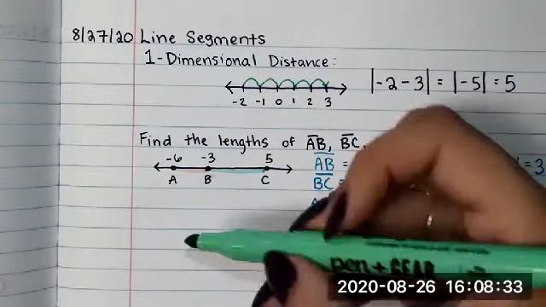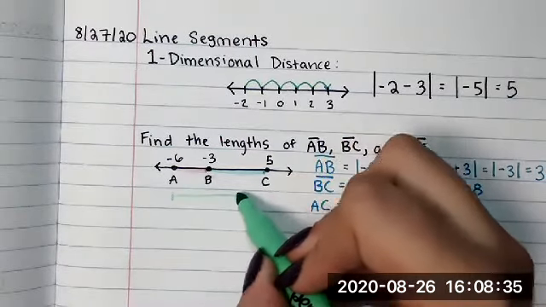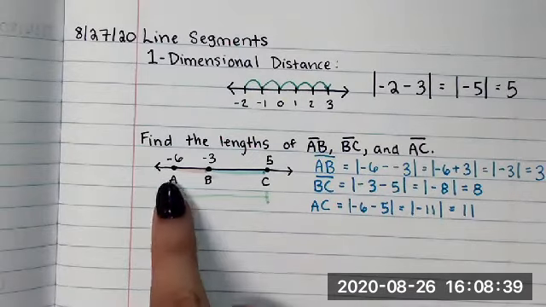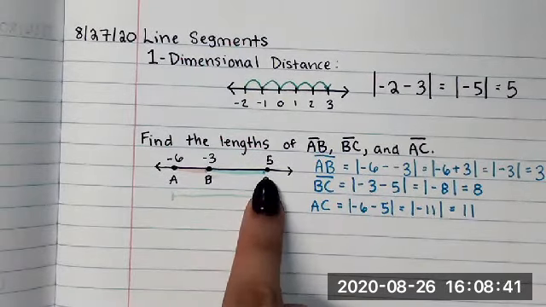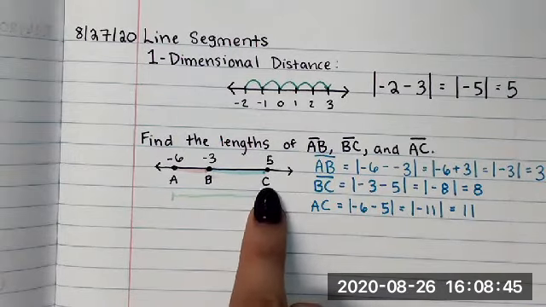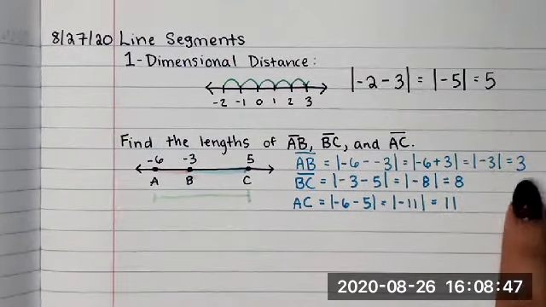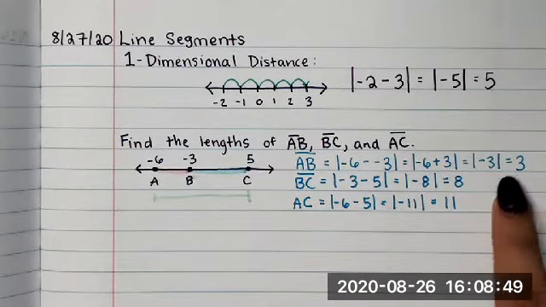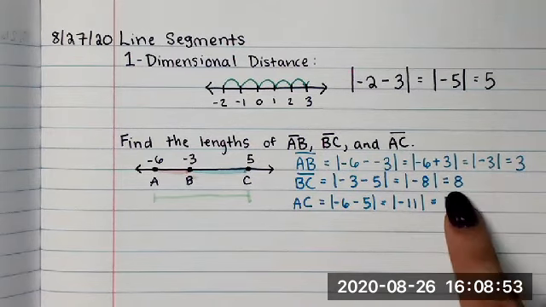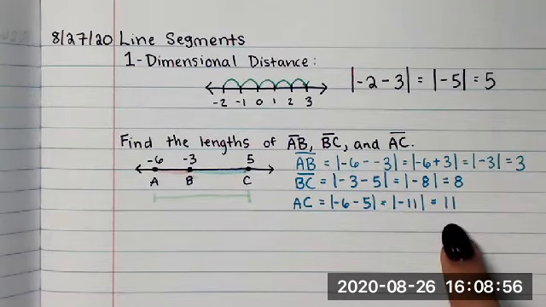And then from A to C would be this whole length. Well, if I'm putting AB and BC right next to each other, they're making up the entire length of AC. And what do we notice about their lengths? 3, 8, and 11. Well, 3 and 8 together make 11. I think we're onto something here.